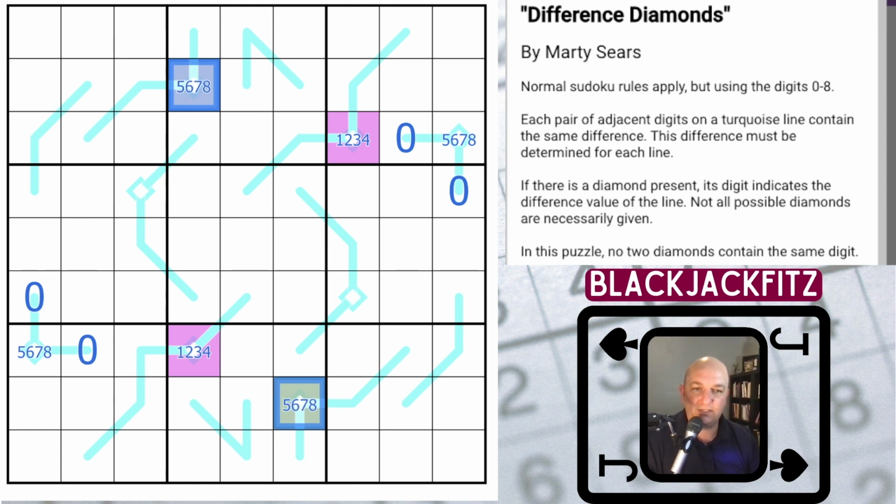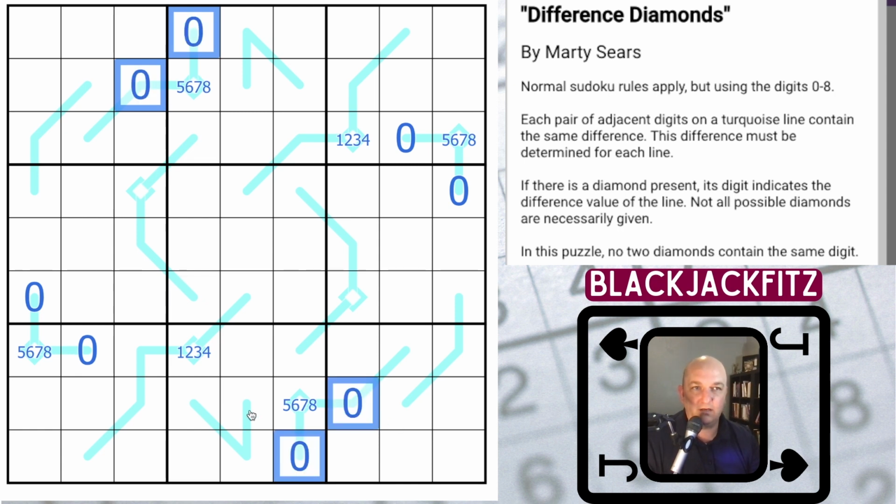Like so. Let's get rid of the coloring here. Now we get a bunch more zeros from that. And what is that? I mean, that surely puts 8 zeros in the grid, right? So we get our last one there.